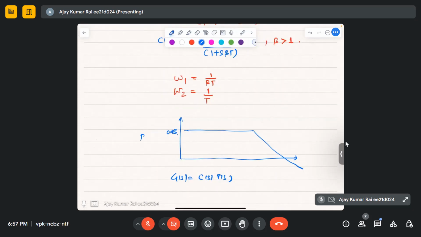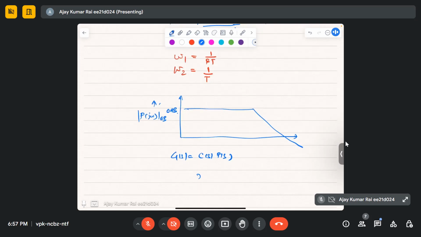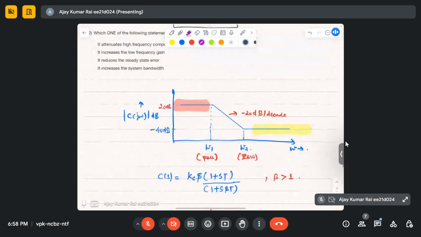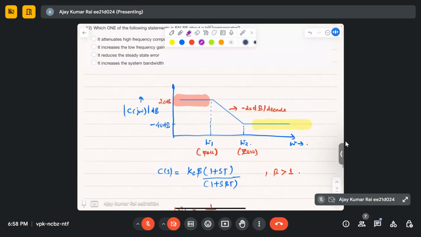So let me write P(j omega). In dB, you do 20 log of |C(j omega)| plus 20 log of |P(j omega)|, so you are going to add that. Assume in this low frequency region you are adding 0 dB plus 20 dB, right? So effectively your gain has increased at low frequency.